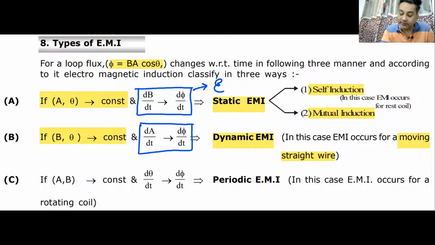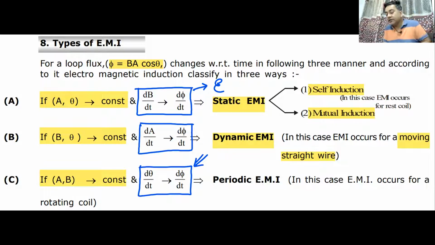In the third case, magnetic field B and area are not changing. Only the angle is changing with time. Now, this is the way in most cases EMF is generated, and we will be dealing with this more in the next chapter, which is alternating current.